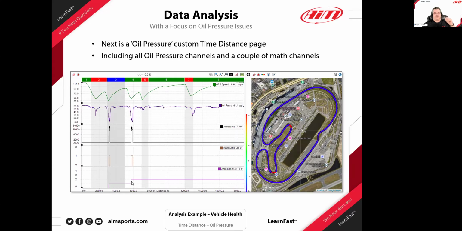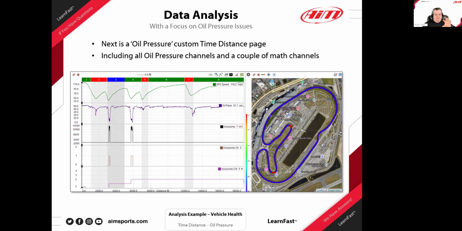Every time I did a count, I would get like 15 hits for the AccuSump count. So I built another channel called AccuSump on, so we just got a single 0 or 1, and then I did the count based on that, which you'll see in the math channels that I used here in just a bit.